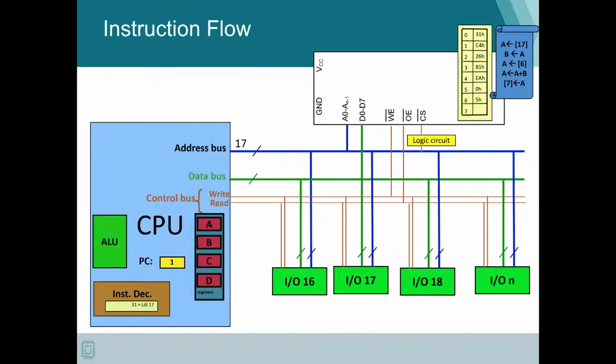Here it splits up the value into the operand, which is 17, and the opcode, which is LDI. Now it places the address 17 on the address bus. Again, it informs that it wants to read from that address. And as I said, let's assume that it has a value 9. Now the value 9 will come through the data bus and the instruction will be executed. The execution is LDI, which is loading it to A.